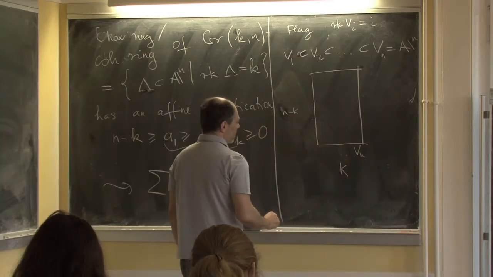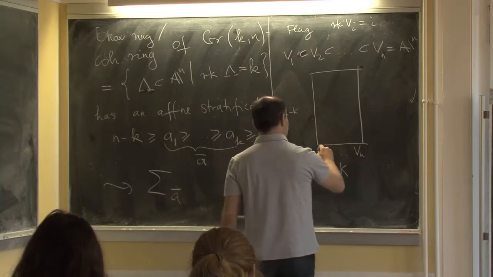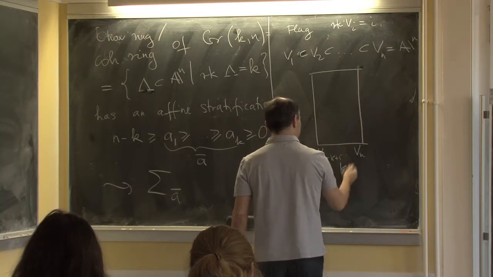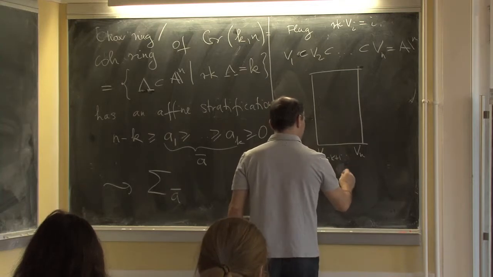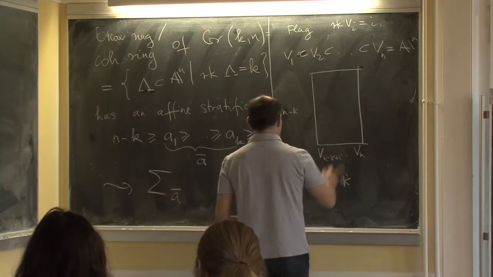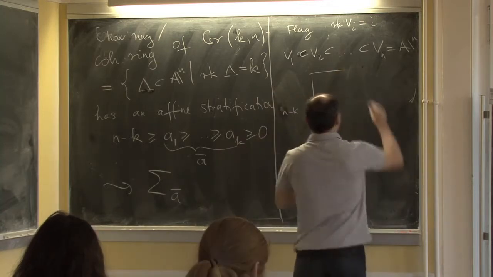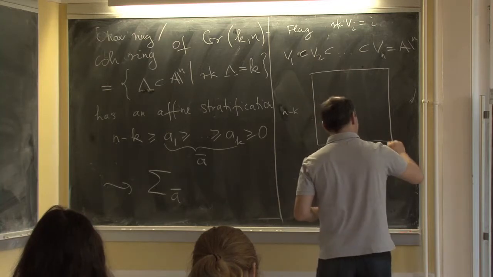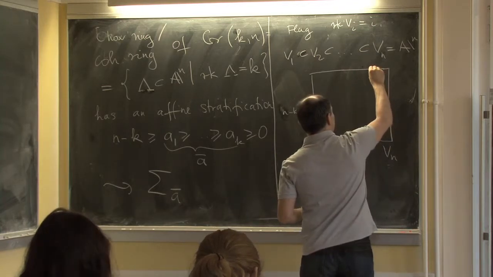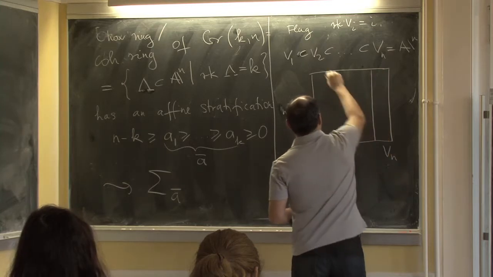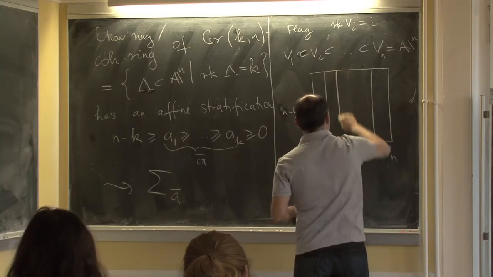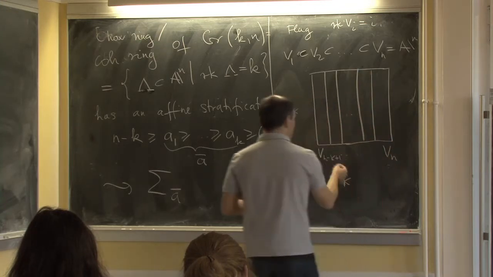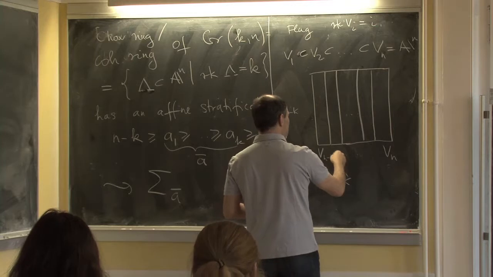So this is k, so this is just going to be Vn minus k plus 1. Maybe I will just do a slightly wider one. So this is Vn, and then I do a little table like this. And so the first one here is just going to be Vn minus k plus 1.